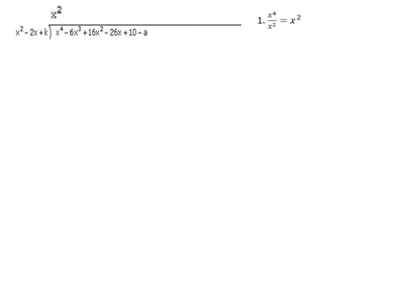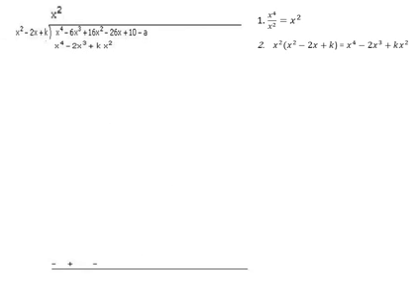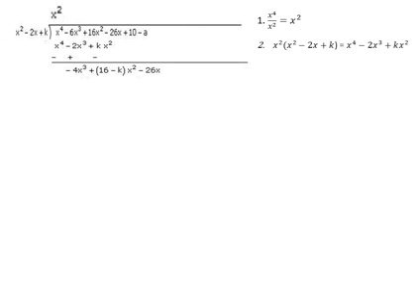Next step, we multiply x square with x square minus 2x plus k. X square into x square gives x power of 4, then minus 2x into x square gives minus 2x cube, plus k into x square gives kx square. Our polynomial x power of 4 minus 2x cube plus kx square should be written below the dividend.